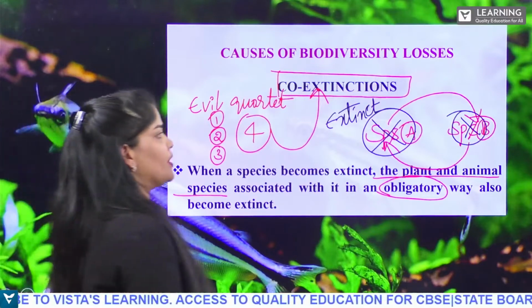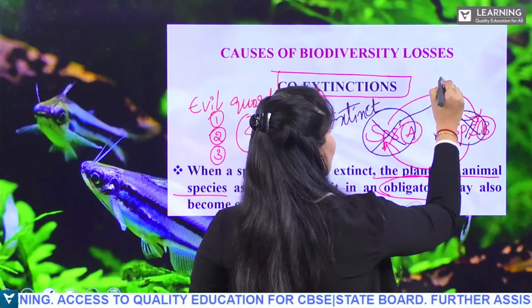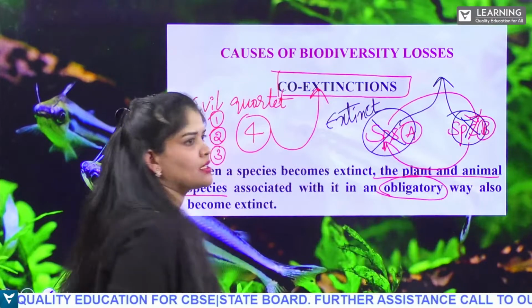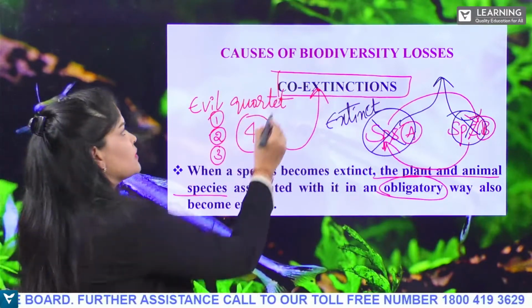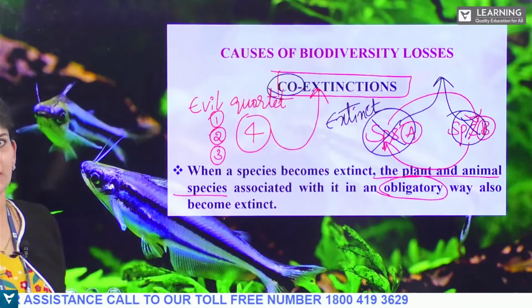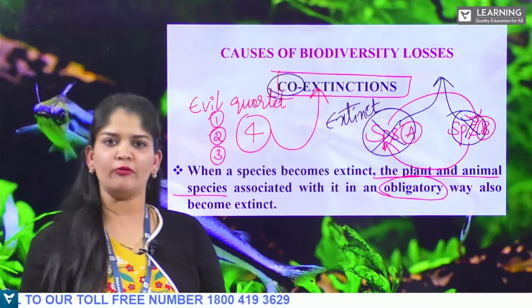So this is happening where two species are going to become extinct. That is what? A one-to-one relationship.